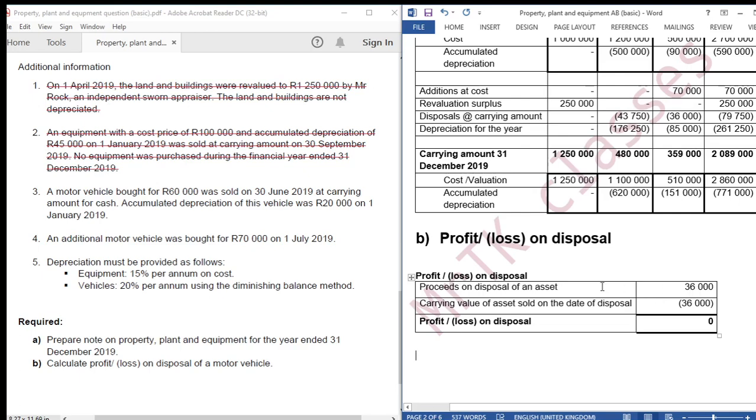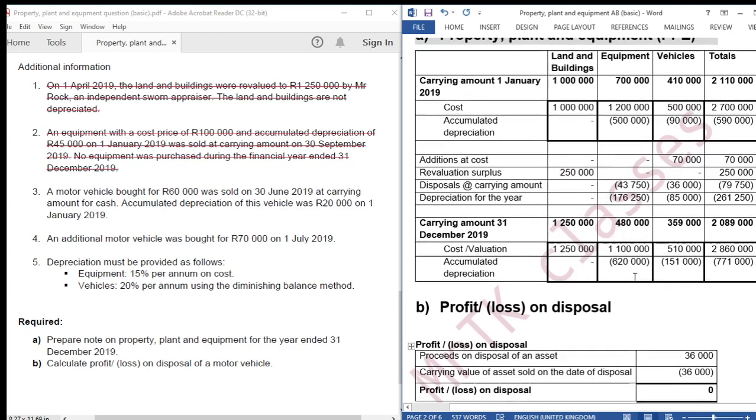The idea is proceeds. Proceeds is what we receive when we sell an asset. Carrying value is what we currently have in terms of that asset. So if proceeds are bigger than carrying value or carrying amount, we'll get profit. If carrying amount is bigger than what we would have received, it means we have a loss here.